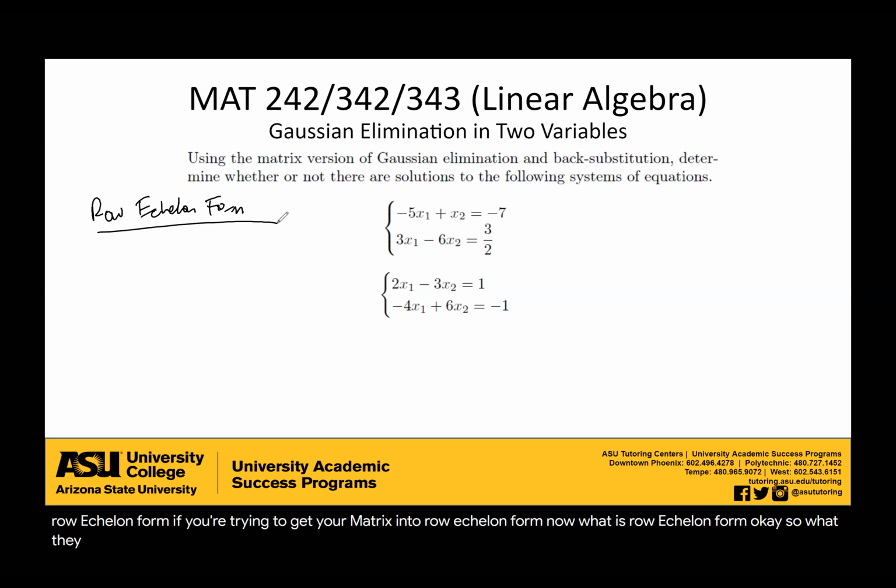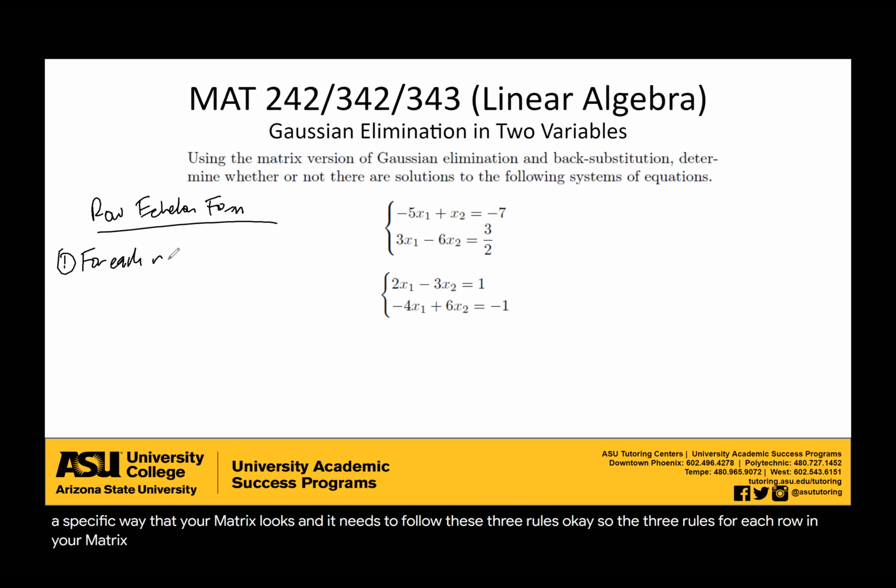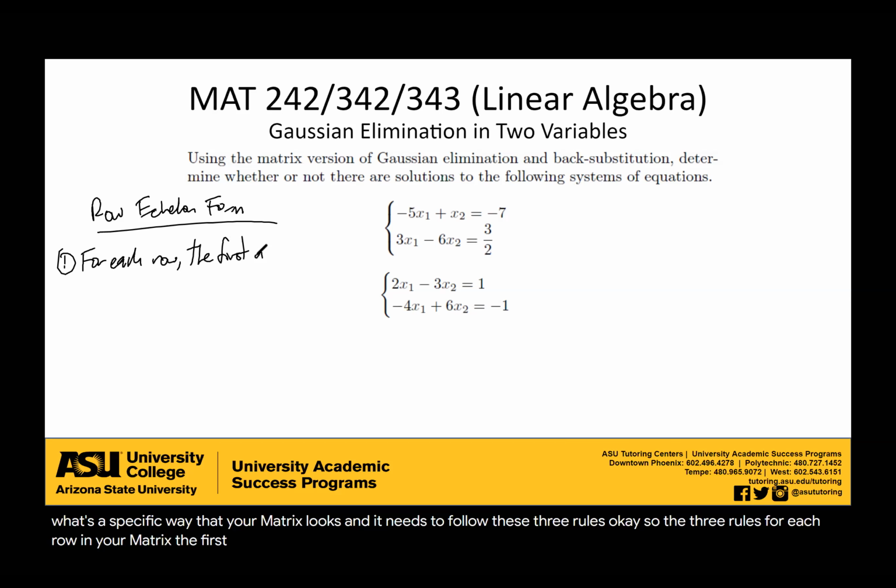It's a specific way that your matrix looks, and it needs to follow three rules. The first rule, for each row in your matrix: the first non-zero term is a 1.